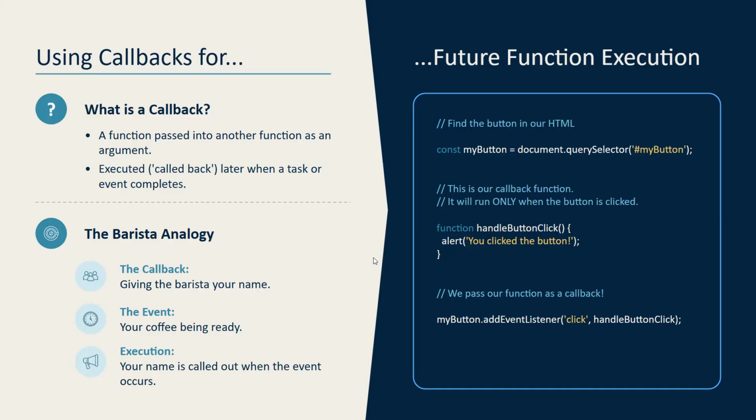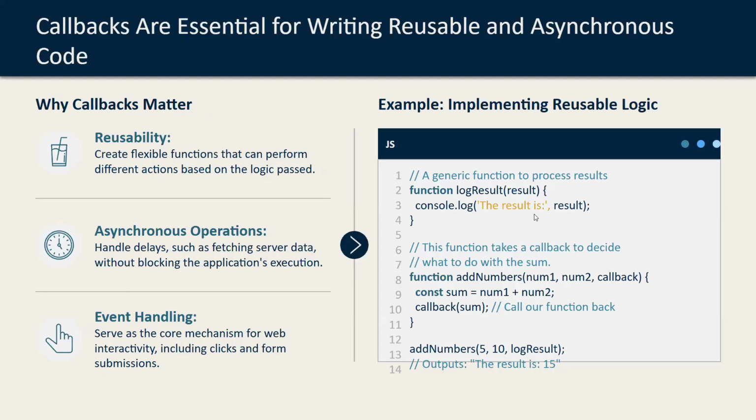And when the button is clicked, that's when the callback function, which in this case would be the handleButtonClick, would run. So the main idea is that the function does not run immediately. It runs later when the event or condition happens.